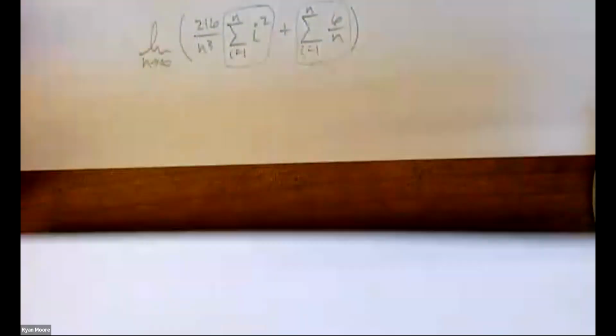You remember those formulas. Let's see how this works. The limit as n approaches infinity, 216 over n cubed. This formula here for i squared, it was n times n plus 1 times 2n plus 1, all over 6. That whole thing gets replaced with this.